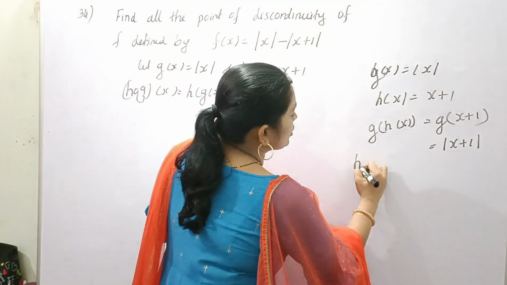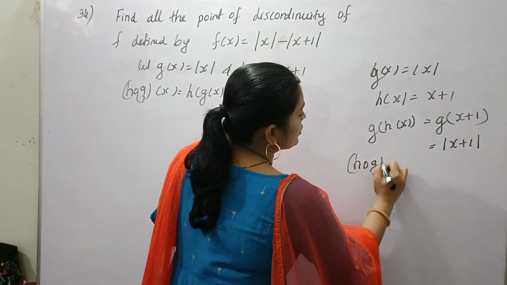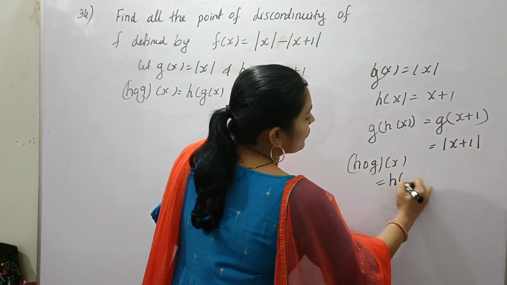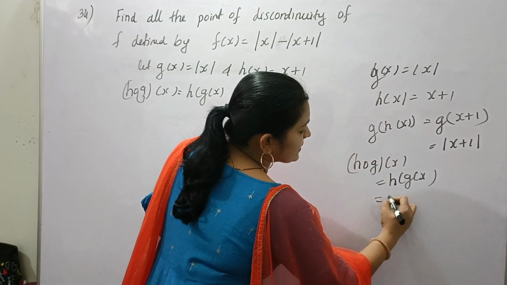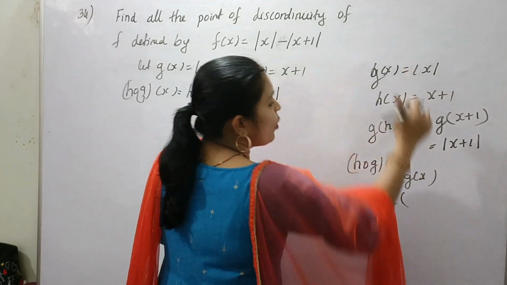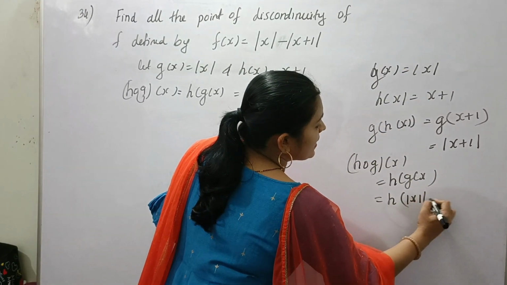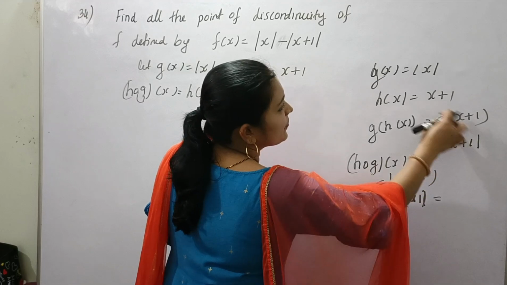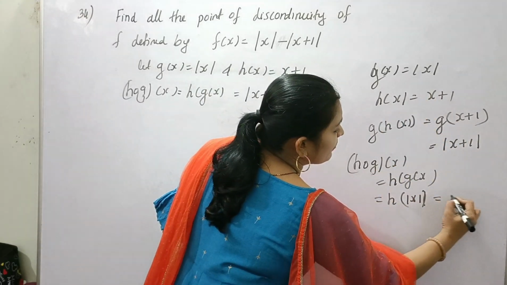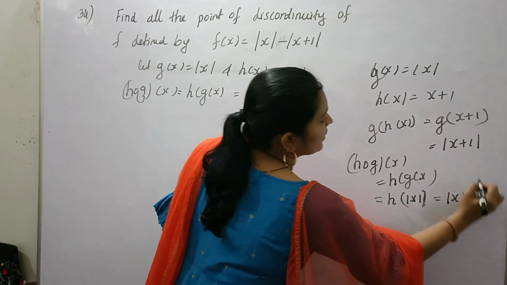Now, what is h composite g? h composite g of x is h of g of x, that is, g of x is |x|, and h of x is x + 1, so it will be |x| + 1, right?